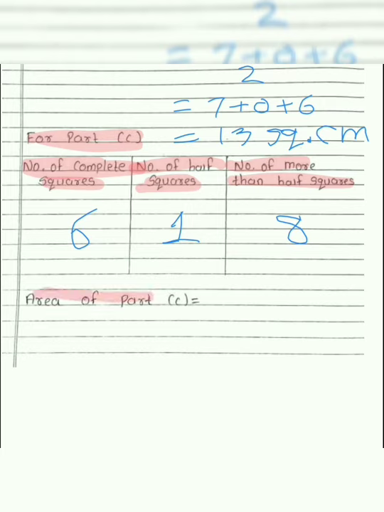So next what we will count? Area of part C. 6, number of complete squares, plus 1 upon 2 times the number of half squares, plus 8, number of more than half squares, is equal to 6 plus 0.5 plus 8. 1 upon 2 means 0.5, half, clear.